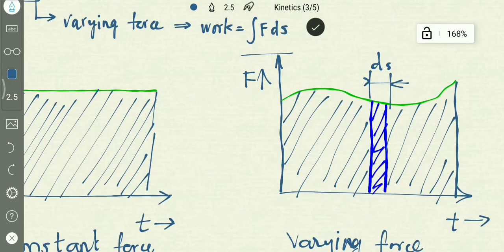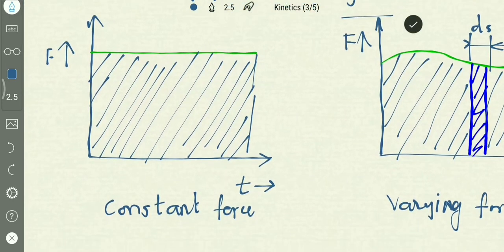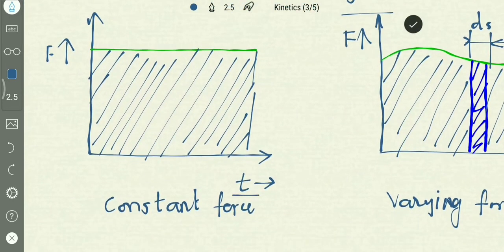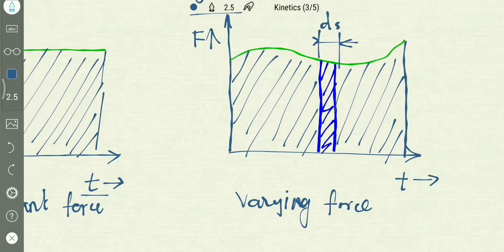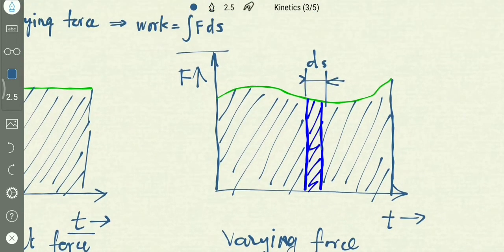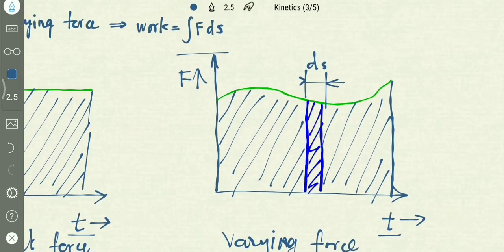If you see it by a graph, what is a constant force? For some time t, the force should be constant. So this is the constant force, right? The area under the force and time curve gives the work done. Whereas in a varying force, in the given time t, the force value changes like this according to some function.